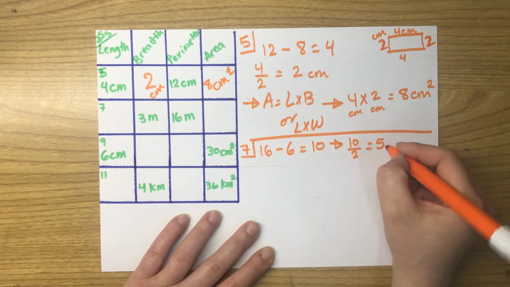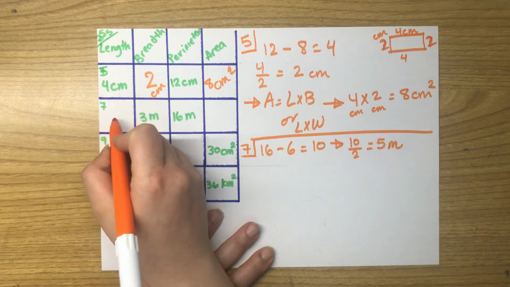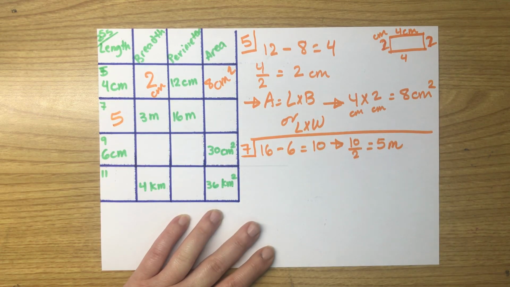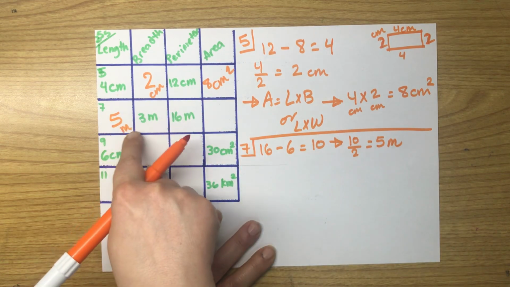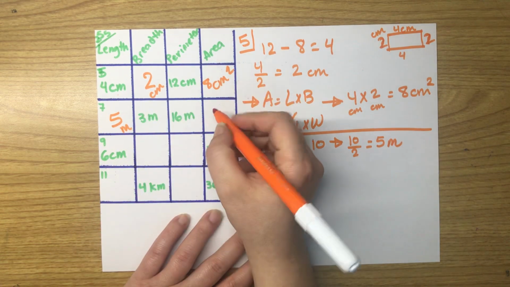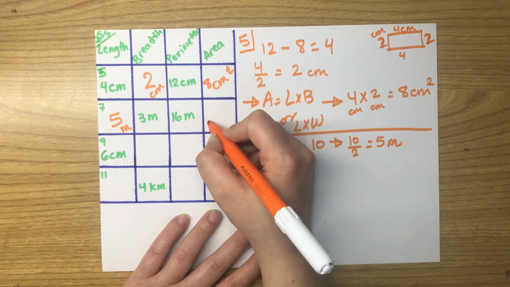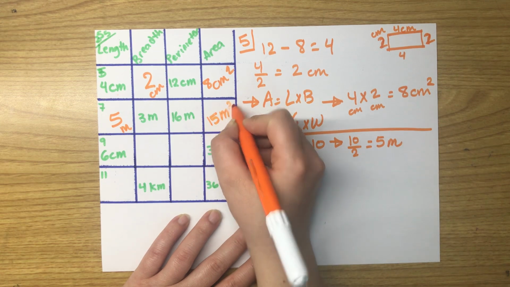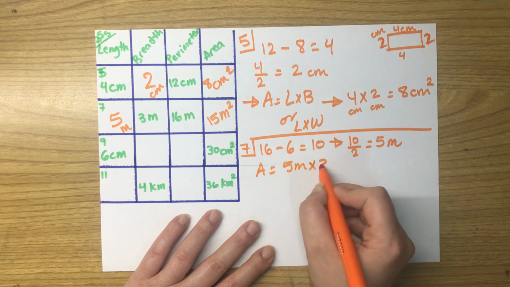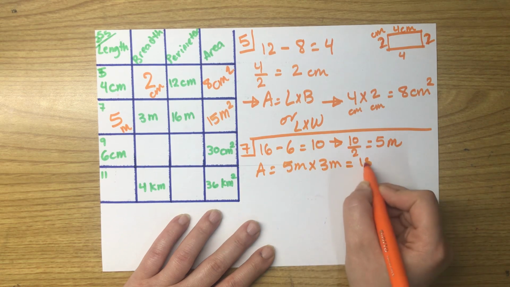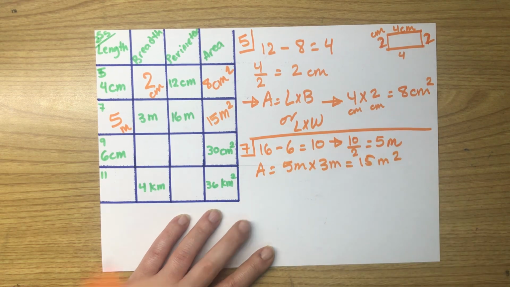What's the unit? Meter. So the length equals 5 meters. To find the area, 5 meters times 3 meters, which equals how much? 15 meter squared. Then the area equals 5 meters times 3 meters, which equals 15 meter squared.